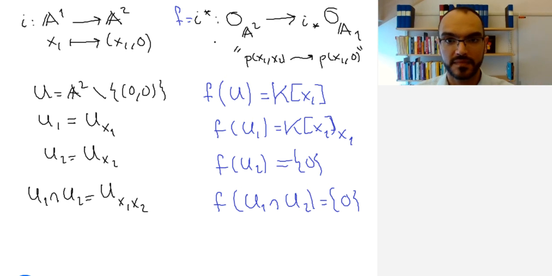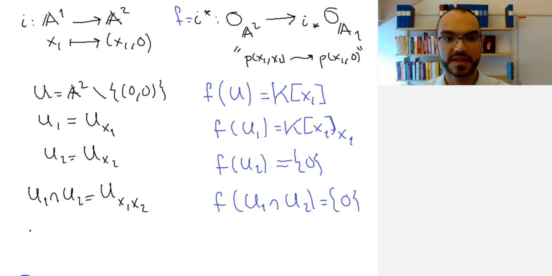Well, on U2 and on the intersection, we are localizing, among other things, with respect to x2. But in this map, in the image, x2 is set to 0. So when we localize with respect to 0, everything vanishes. But here, nothing much happens.